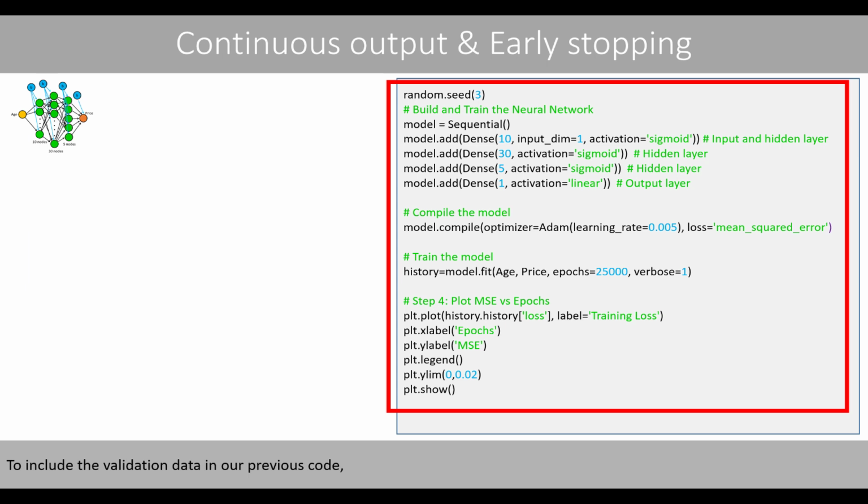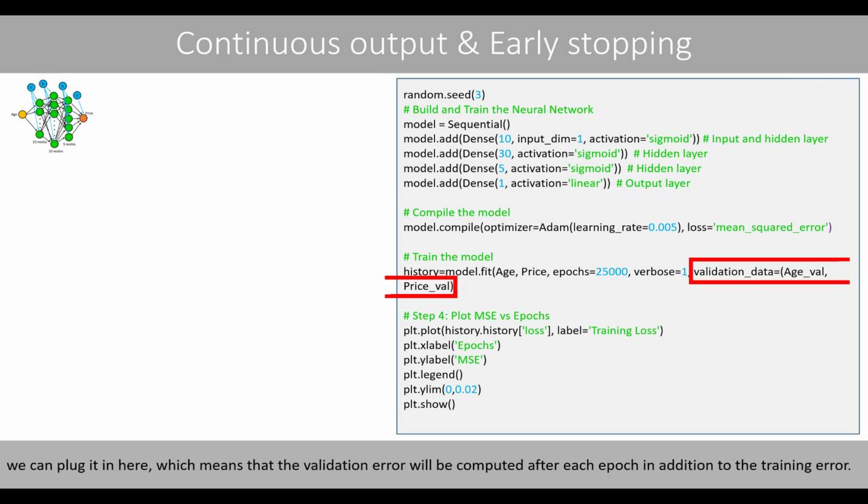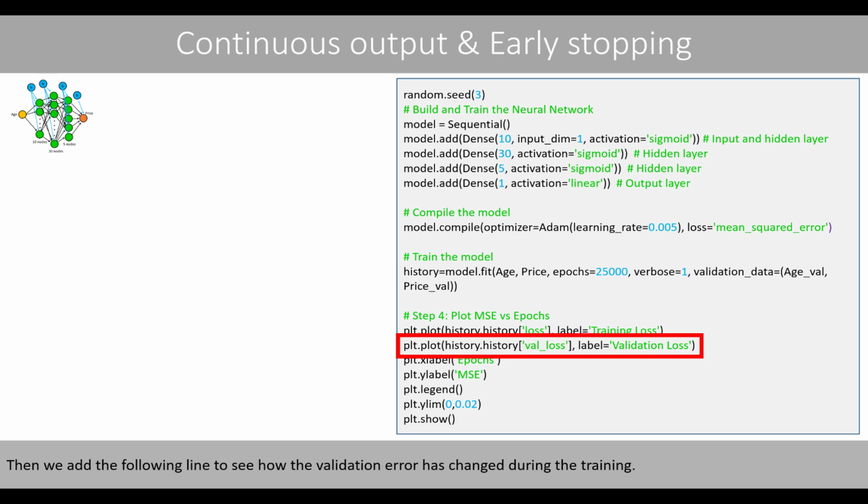To include the validation data in our previous code, we can plug in it here, which means that the validation error will be computed after each epoch in addition to the training error. Then we add the following line to see how the validation error has changed during the training.